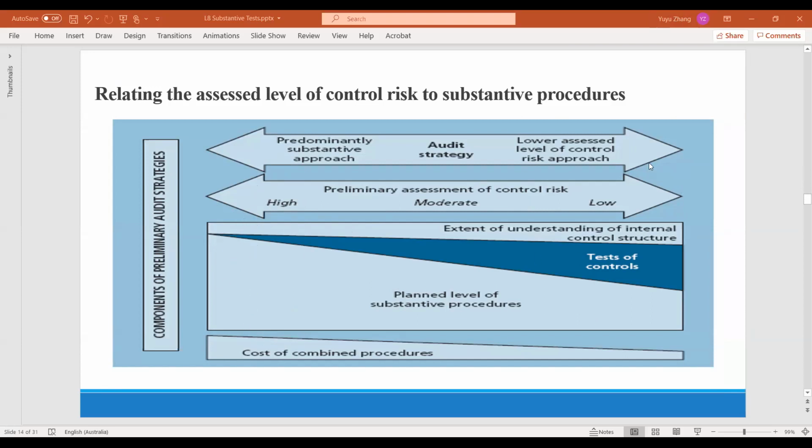But if the assessed control risk is low or not very high, you could take into consideration the company's internal control, doing some test of controls, and at the same time, reduce the level of substantive testing procedures, right? And then after that, of course, you can do your detailed test of controls and then substantive tests. And all of them are about the sales cycle.